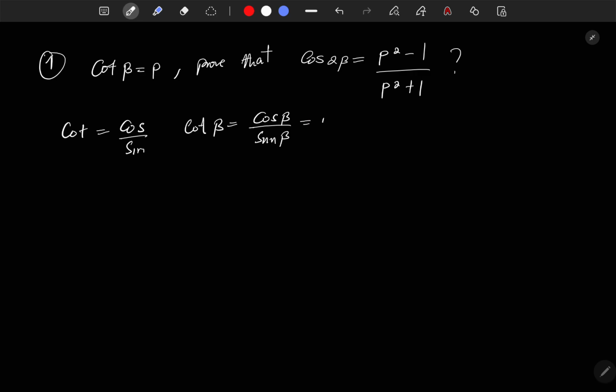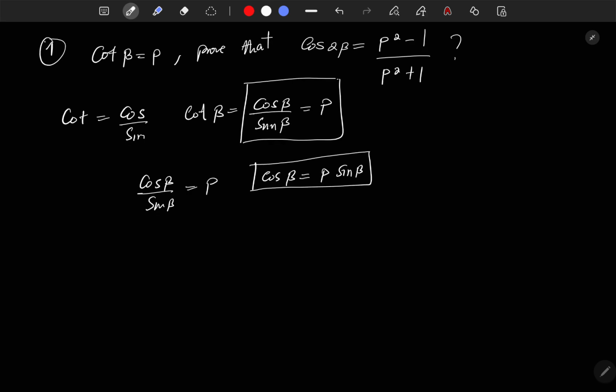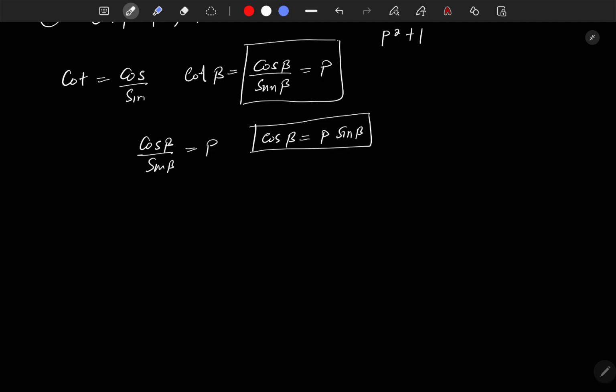And they're saying this is equal to P. So if I get this part alone, meaning cos beta over sine beta is equal to P, I can substitute the formula. In our case, cos beta is just equal to P sine beta. Keep this. Then we can proceed.